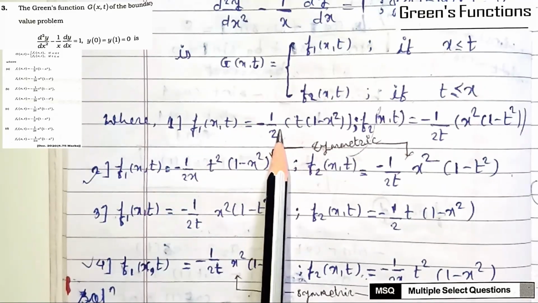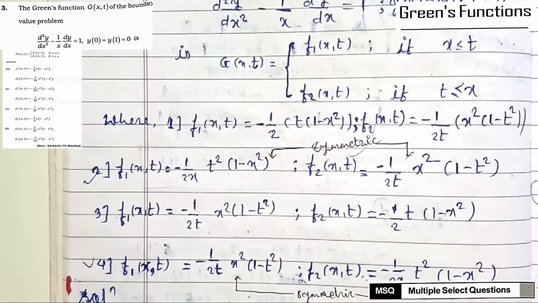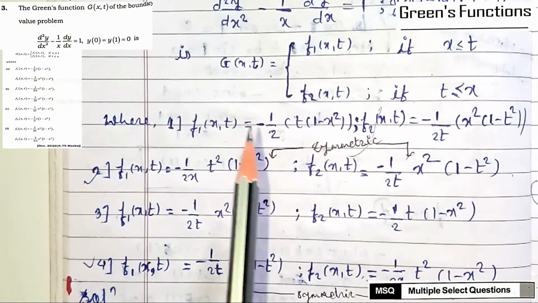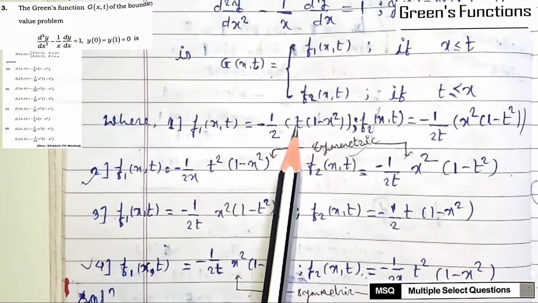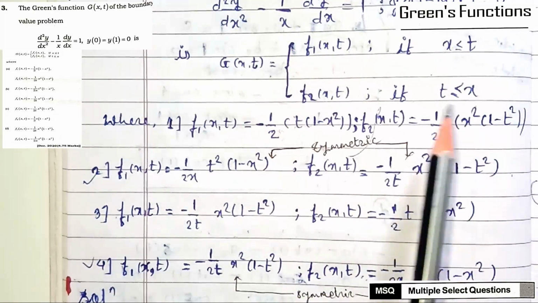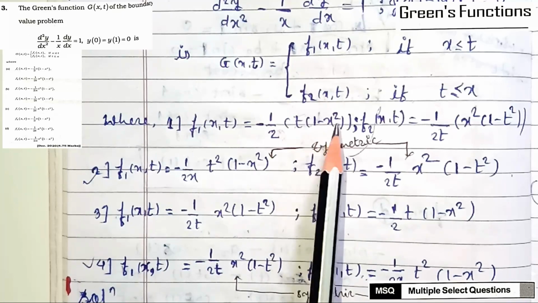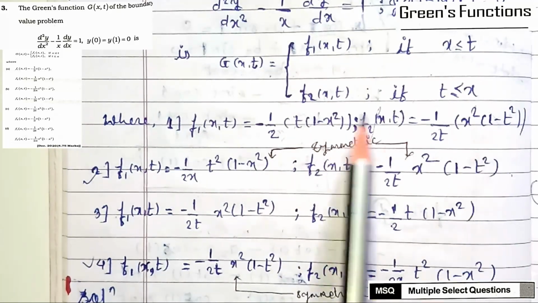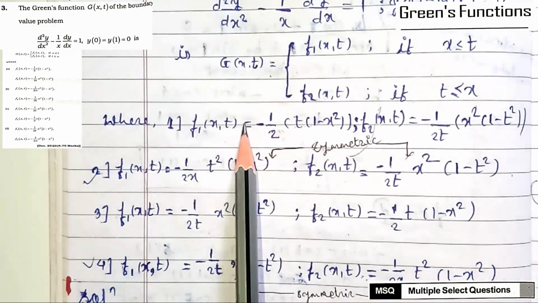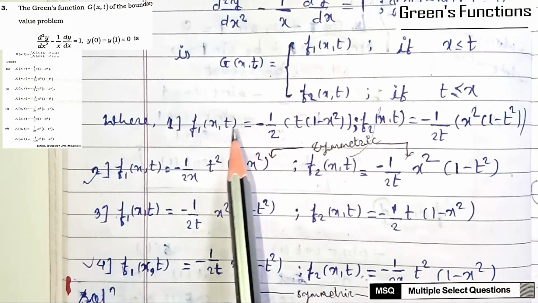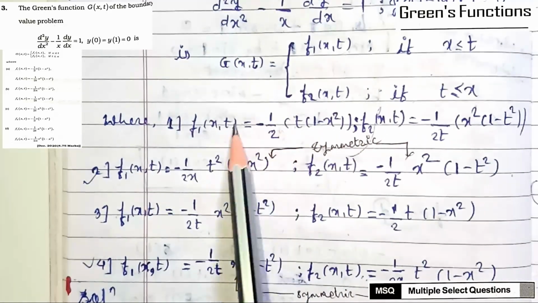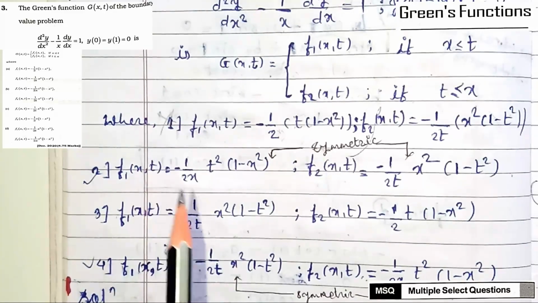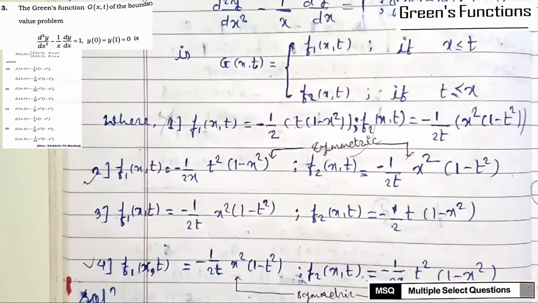Here the term where xt is equal to tx is not there, because of that the symmetricity property is discarded here. Here we have t and x square, we need t square here, and 1 minus x square doesn't matter, it is the same. So the first option is not symmetric, and we easily discard it because the symmetricity property does not hold.